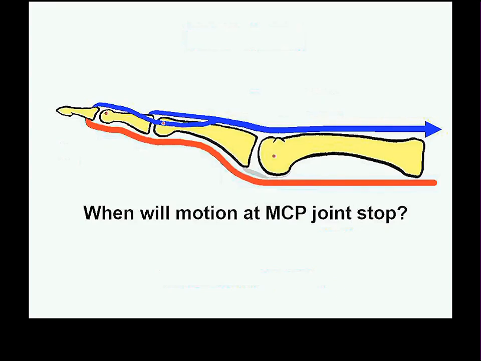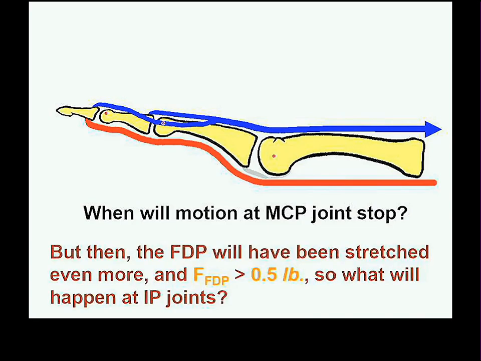You are not in balance at the metacarpophalangeal joint. We calculated what force you need to balance at the 2 interphalangeal joints. We calculated 2 pounds. When you put 2 pounds of force into the extensor digitorum communis, you throw the MCP joint out of balance, and it goes into hyperextension. Then, in fact, by hyperextending the MCP joint, you will end up stretching the flexor digitorum profundus even more, so that the force within it rises above a half a pound.